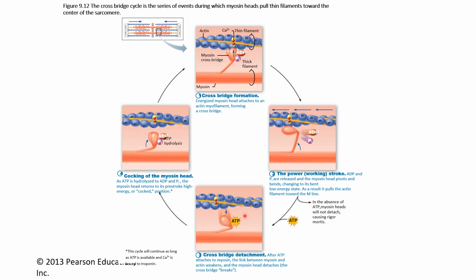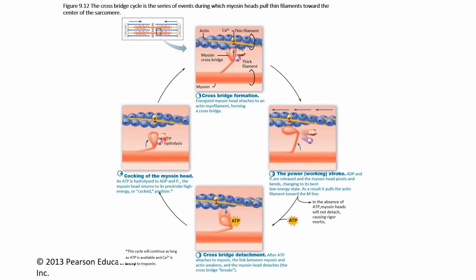Now, for your muscles to relax, those myosin heads need to let go of the actin. The only way your myosin head is going to let go of your actin is if ATP binds to the myosin head. Once ATP binds to the myosin head, it's going to let go.